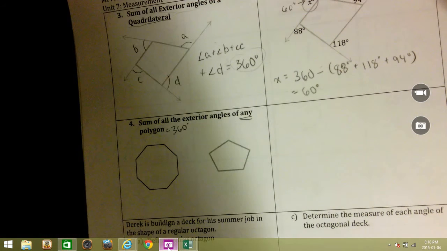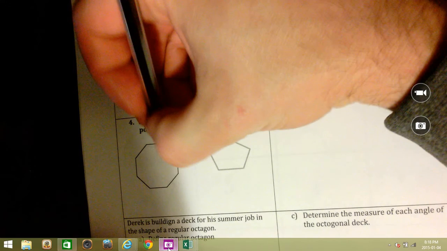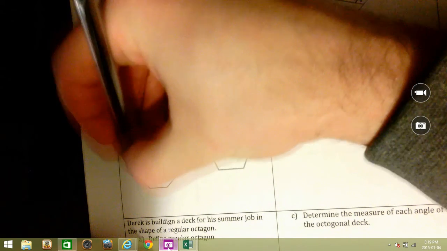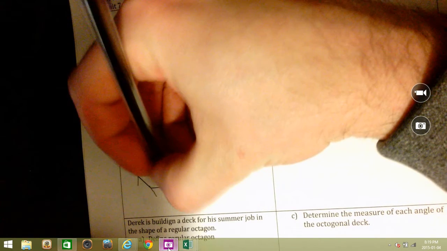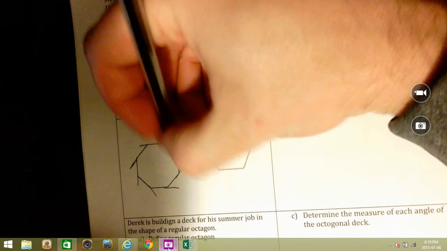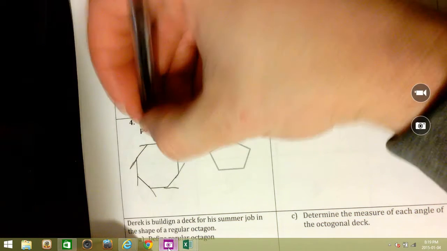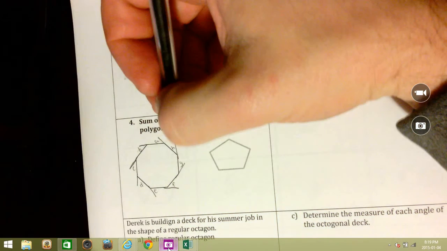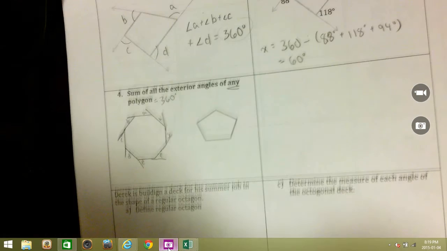So what that means is, for example, here I have an octagon. I'm going to make my exterior angles like this. And if I just go around and label them A, B, C, D, E, F, G, H, I simply add them up.